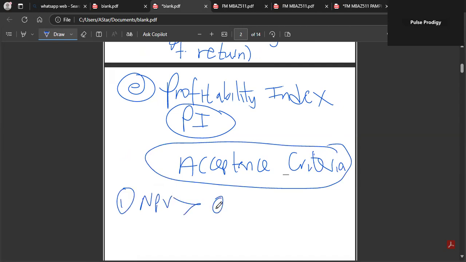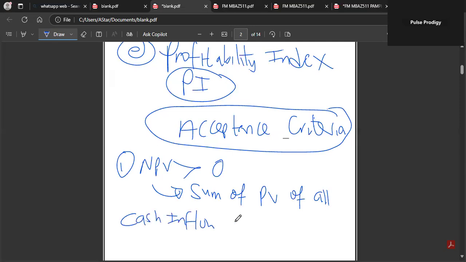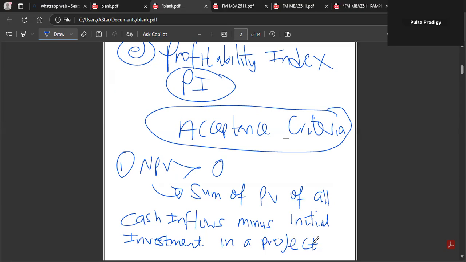NPV is simply the sum of present values of all cash inflows minus the initial investment in a project. This is what NPV is all about.